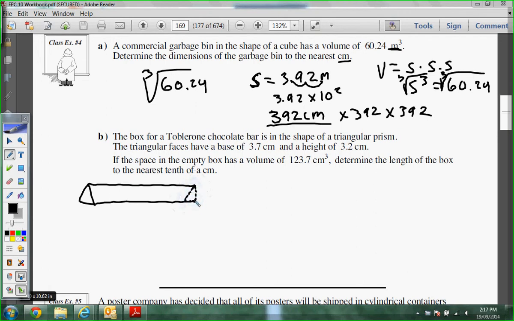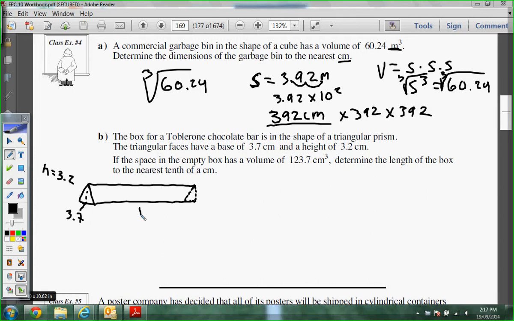So it says the height is 3.2 and then the base is 3.7. It says the space in an empty box has a volume of 123.7, determine the length. So it's giving us pieces of information except for the length, so we don't know the length.